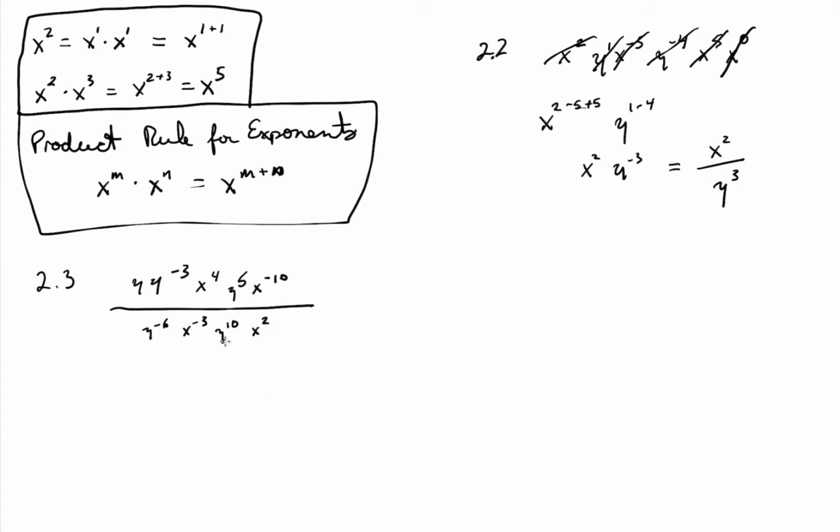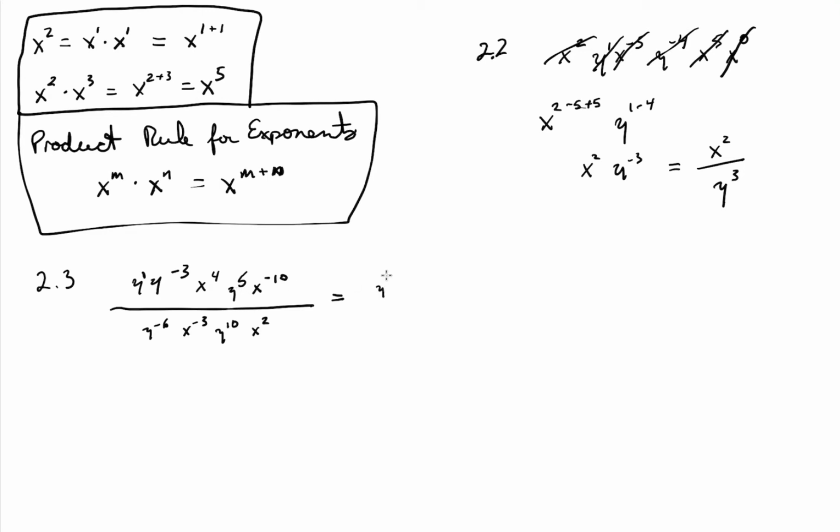All right, everybody who had Algebra 1 last year should have no problem with this. So remember, when we have exponents that are by themselves, we just stick a 1 to help us see that better. And we're going to just combine all of our y's first. So let's just do that over here. We have y to the 1, y to the negative 3, that's going to be negative 2, negative 2 and a 5, that's going to be a 3.